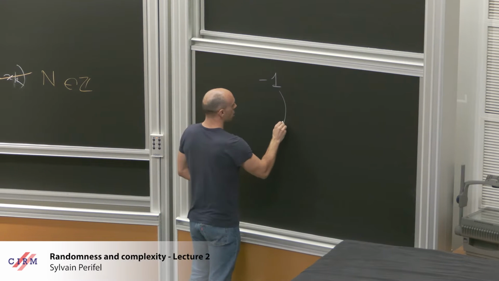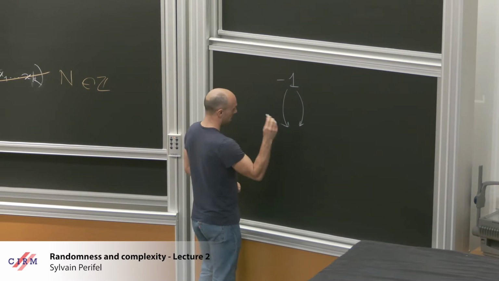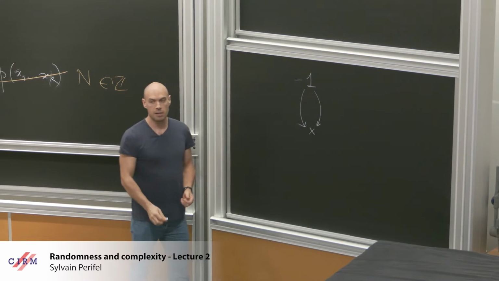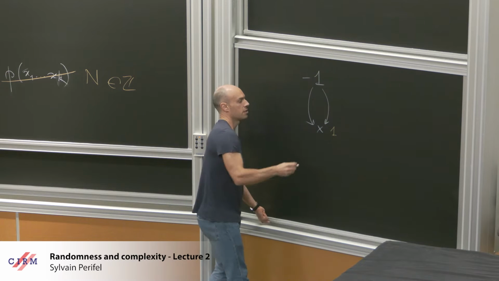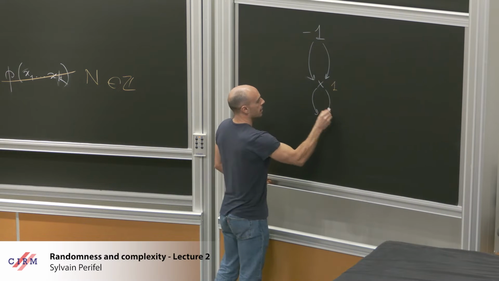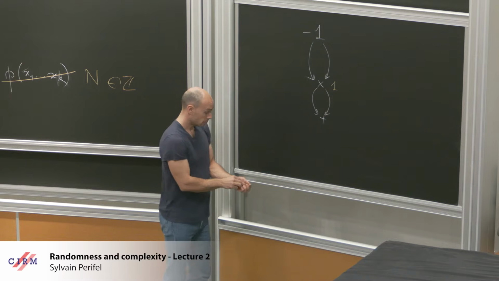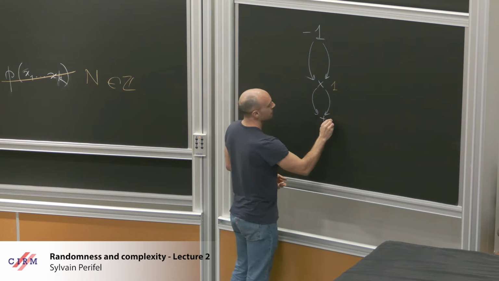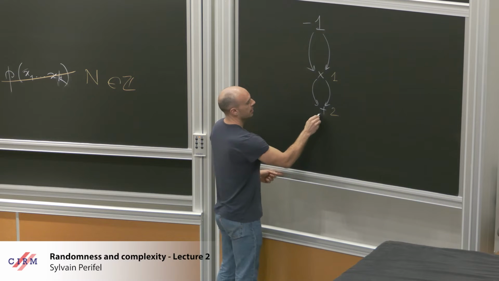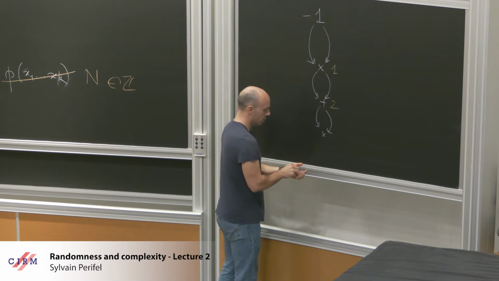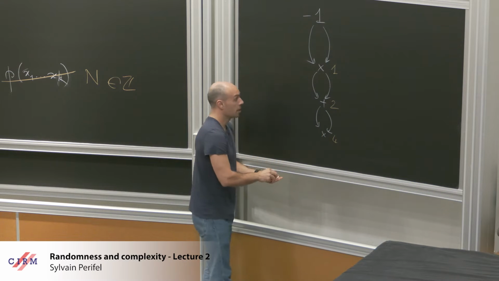For instance, you can multiply -1 by itself, so you obtain the value 1, of course. Then you can add 1 with itself to obtain 2. You can do it again: here you multiply, you obtain 4, or you could just sum.